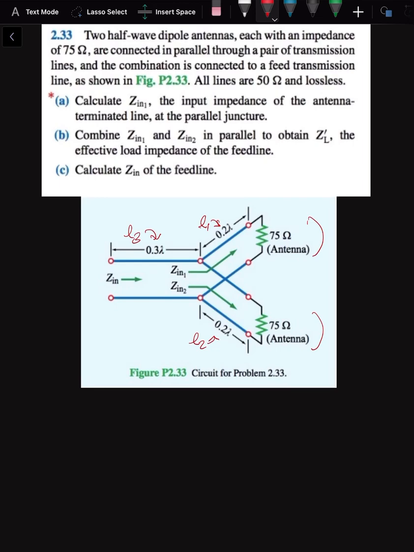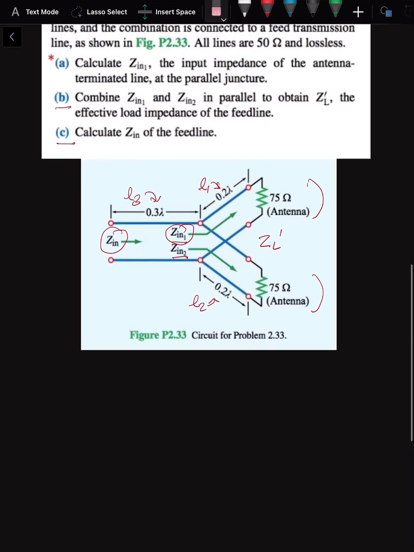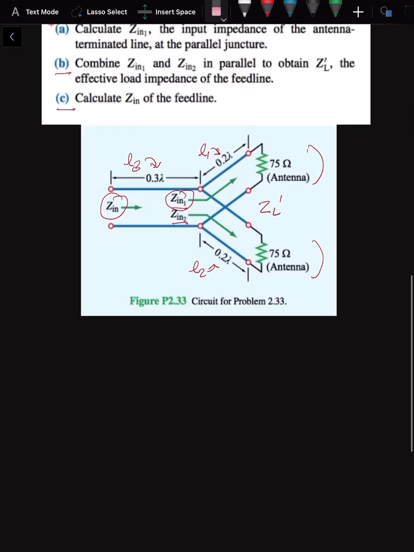In part B, we combine the input impedances of both antennas, so ZL' will be the parallel combination of Z1in and Z2in. And finally, in part C, we'll find the total Zin looking into the whole transmission line circuit. So let's start doing it.